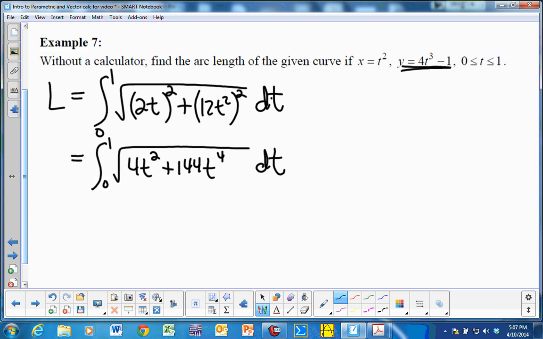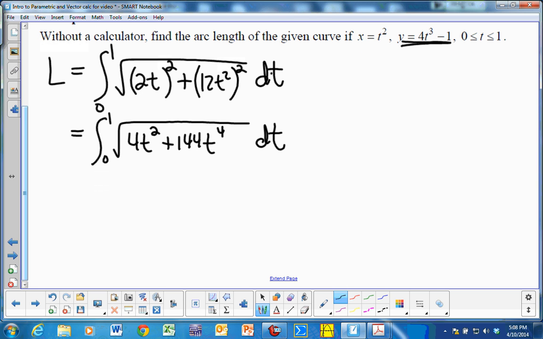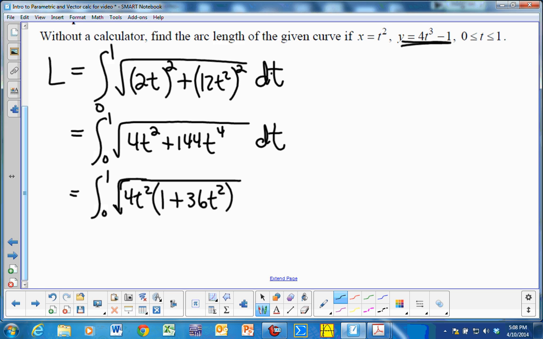Well, since you're under a radical, it would seem like a good idea to factor out a 4t squared from each of those terms. So underneath the radical, just take out 4t squared, and then you would be left with 1 plus 36t squared, dt.